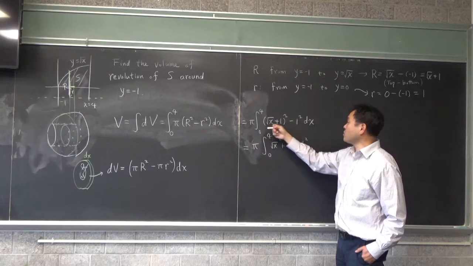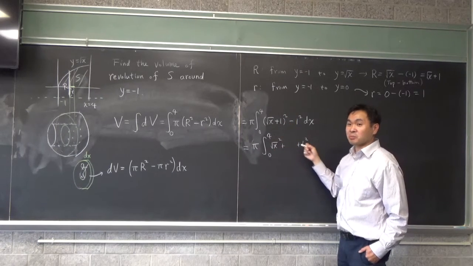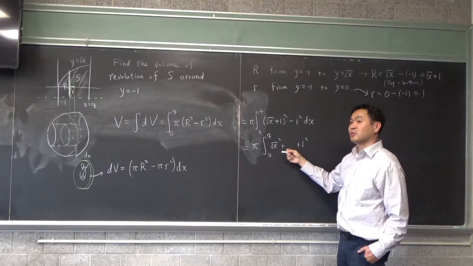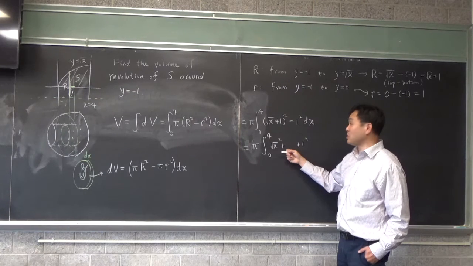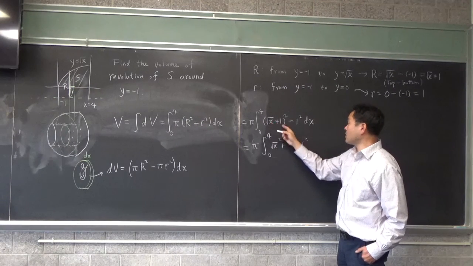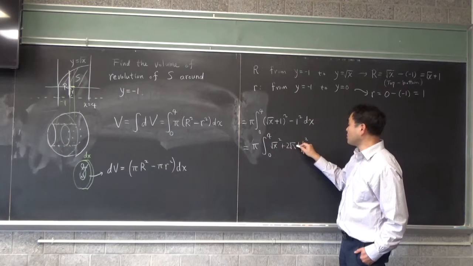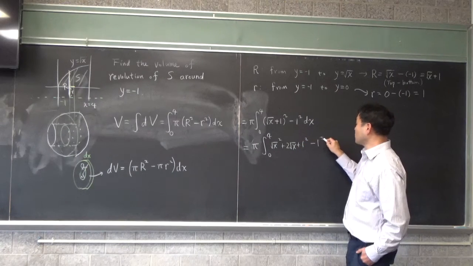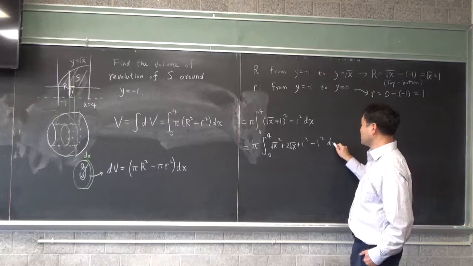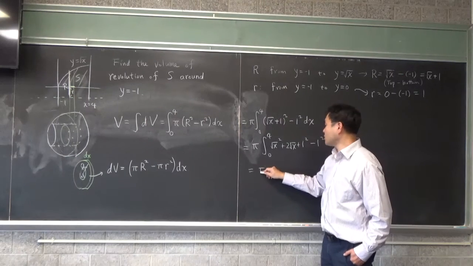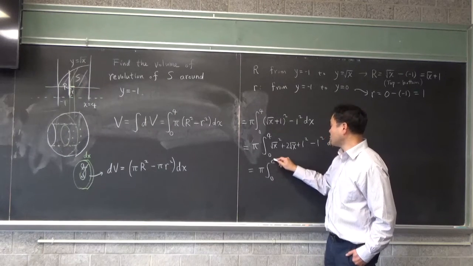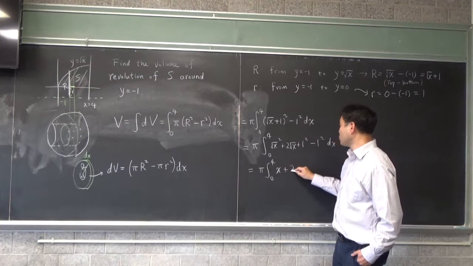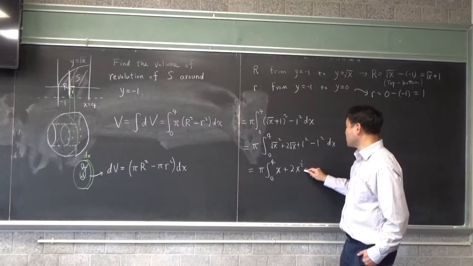So (a plus b) squared is a squared plus b squared plus 2ab, so it's twice this times this, so 2 radical x comes here. And minus 1 squared. These two cancel. So that's the integral from 0 to 4 of x plus 2 times x to the 1/2 power dx.